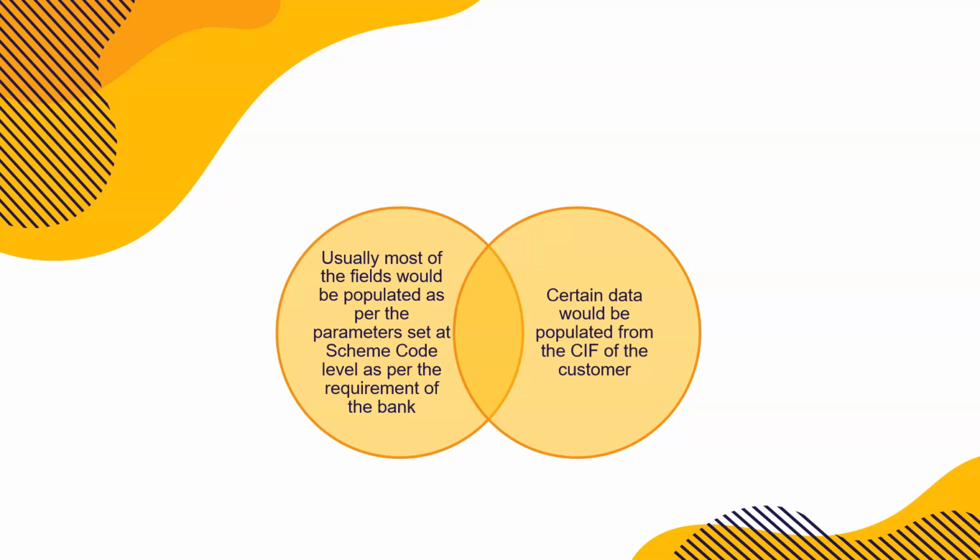Certain data would be populated from the KIF of the customer. Whatever you have entered, addresses, his name, surname, prefix, will automatically populate while opening this. As soon as we click on Go, those details will be populated here. I hope you remember we had migrated the data from CRM solution to Finacle solution by the command HCCFM.